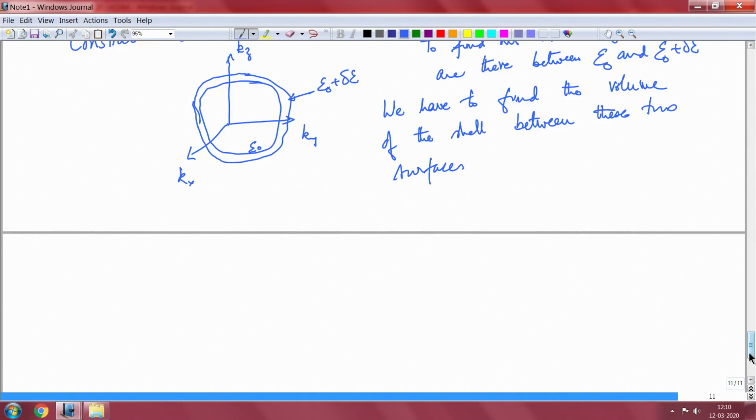So, the shell that I am talking about is the following. Let me mark it out in green. So, this is the shell.